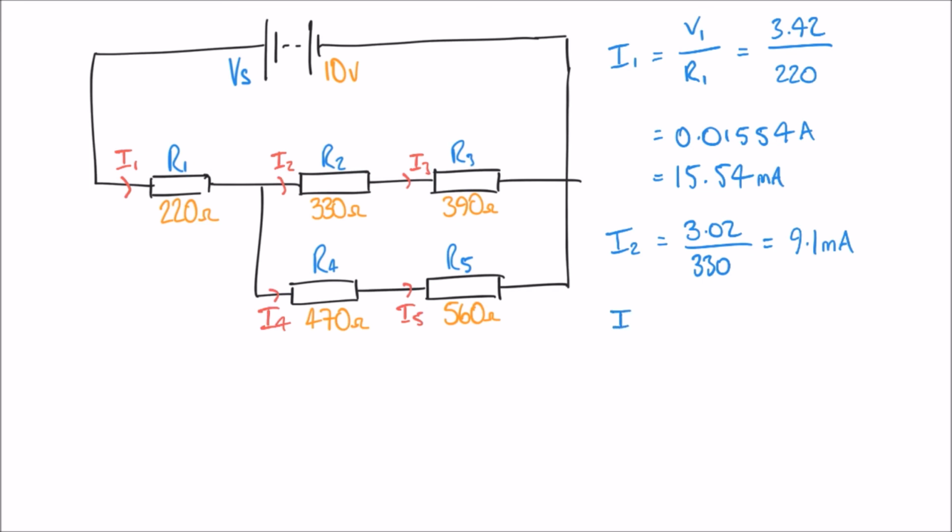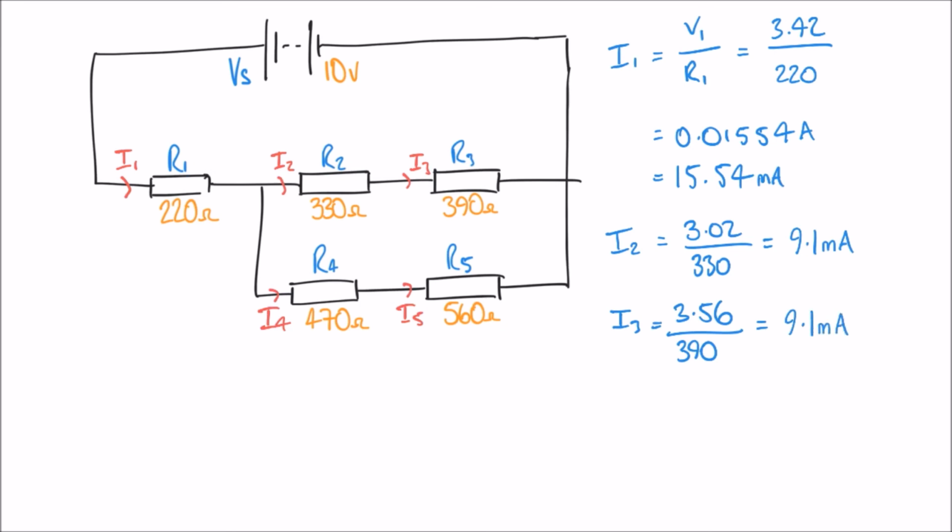I3 is V3 divided by R3, and V3 was 3.56 divided by R3, which is 390. And here I get an answer of 0.0091 again. 0.0091 amps is 9.1 milliamps.